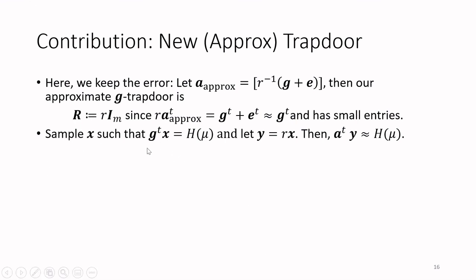You can first sample a discrete Gaussian X over the G lattice that maps to the right coset, and then you return this scalar times the vector, and you'll notice that this is almost in the right coset, because X is small.